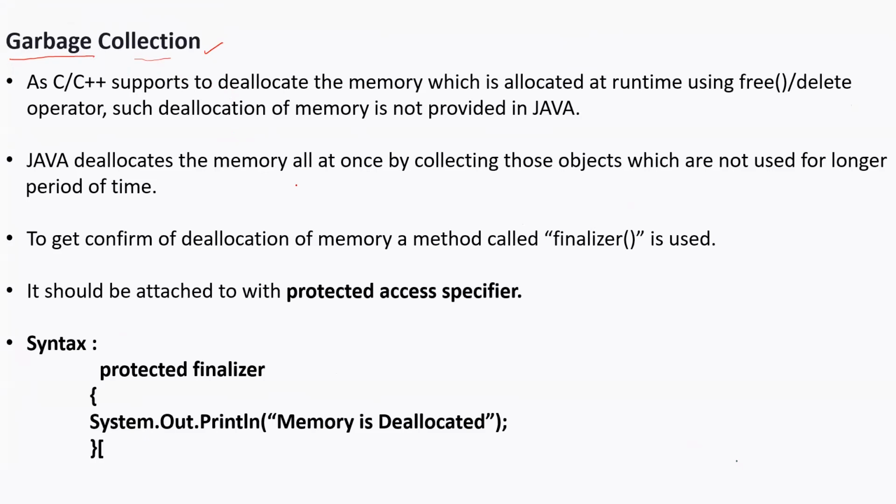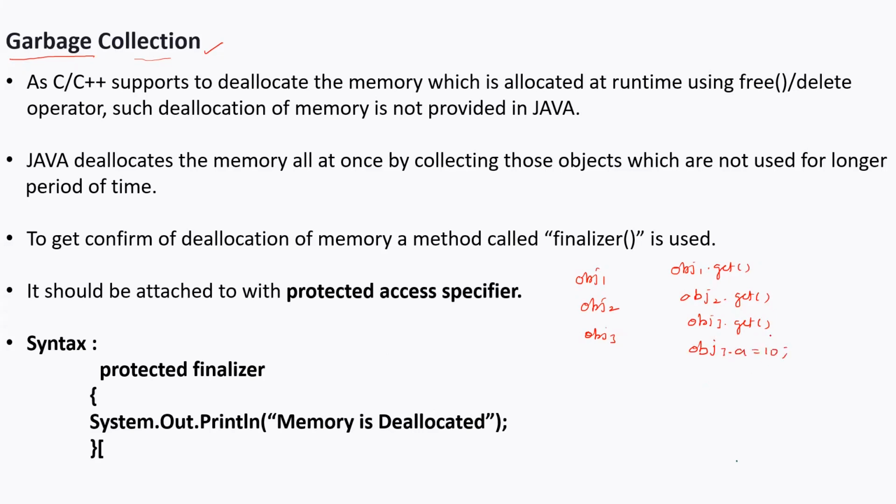I'll explain it with one example. Let us suppose I've created object like this. I've created obj1, obj2, and obj3. I'm using the first object, obj1.get, then obj2.get, and obj3.get. Now obj3.a equals some value, which I'm assigning.